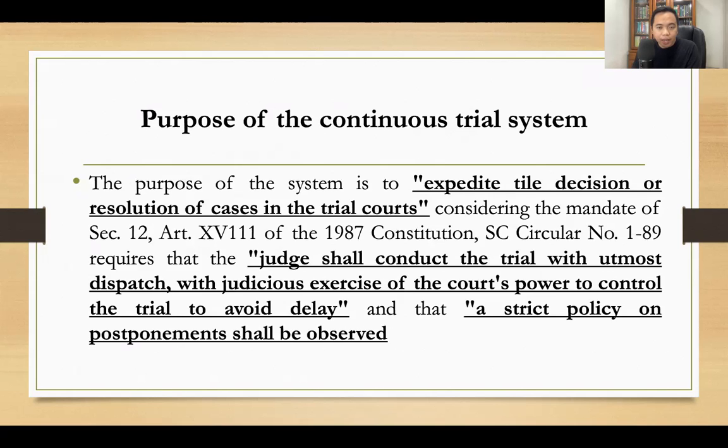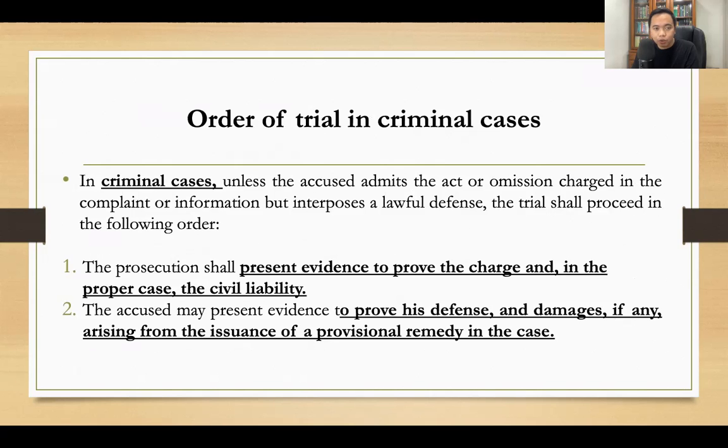Now, we have Supreme Court Circular number 1-89, which requires the judges to conduct trial with utmost dispatch, meaning delays without justifiable cause are not allowed because we follow the continuous trial system in our trial courts.